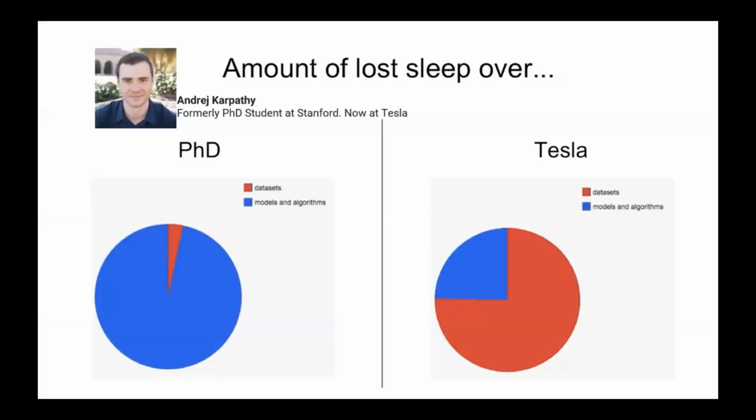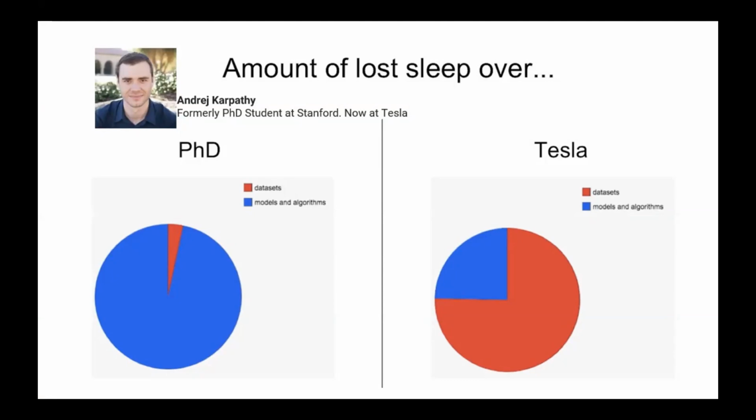And just a note on data sets versus developing machine learning models. This is a tweet from Andrej Karpathy, who spent a lot of time thinking about modeling and algorithms during his PhD, but once entering Tesla, started thinking a lot more about data sets and cleaning and getting the data formatted and combined into a centralized or analyzable state.